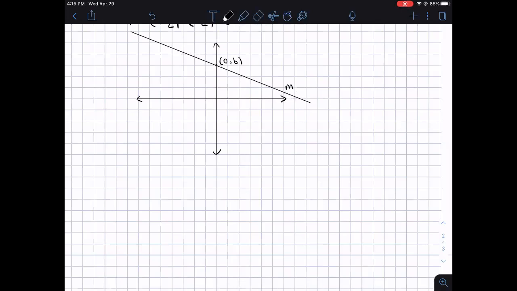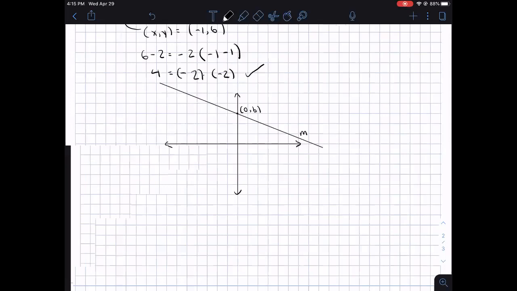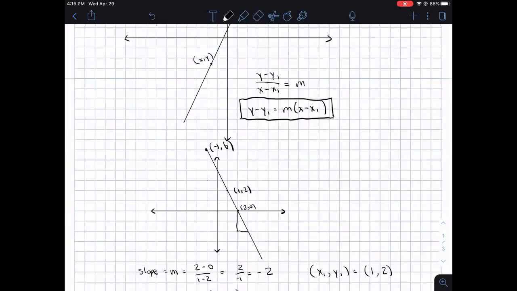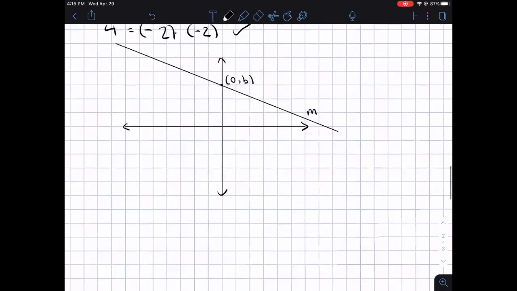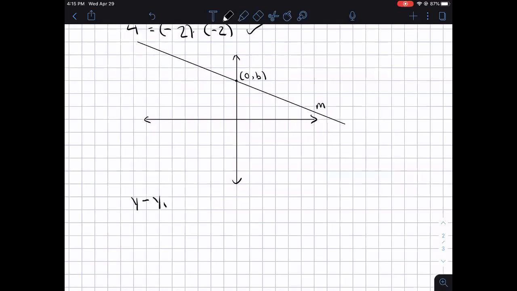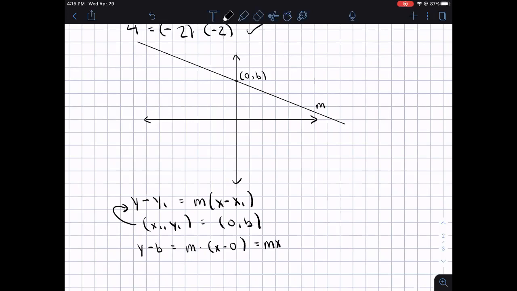Let's look at point slope form again: y minus y1 equals m times x minus x1. Let's plug in x1, y1 equal to 0, b. Plugging that in, we get y minus b is equal to m times x minus 0, which is mx. So this means y equals mx plus b.